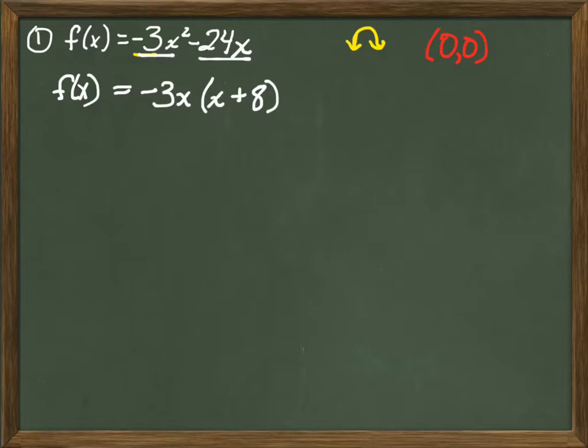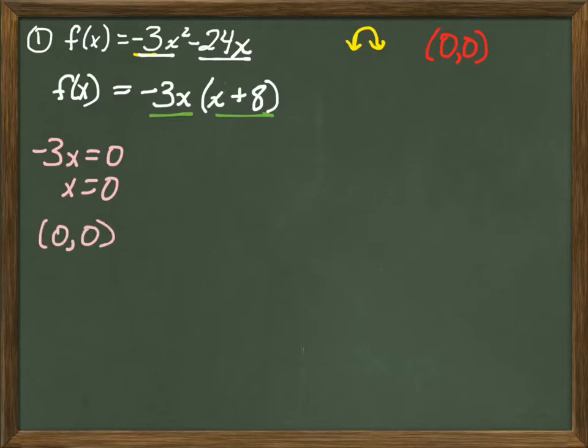Now we're going to take each of those little pieces and find out more information about each one. And so we're going to set each of them equal to 0. So -3x equals 0. And that means the first x-intercept is at (0, 0), which we already knew based upon our y-intercept, because our y-intercept was at the origin, therefore we had to have an x-intercept at the origin.